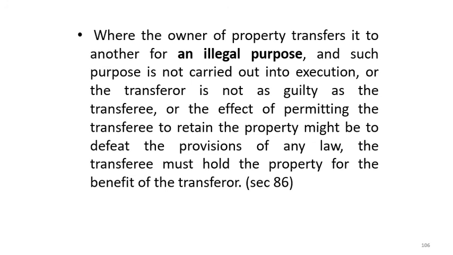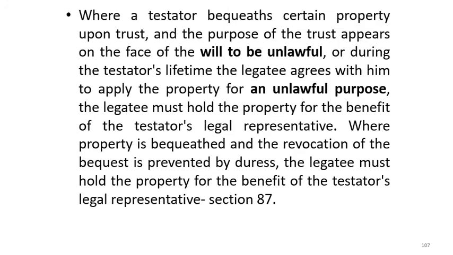That we have seen very clearly in the lawful purpose. Then I'll move to the next one, section 87 of the Trusts Ordinance. That also we have already seen in detail under lawful purpose.